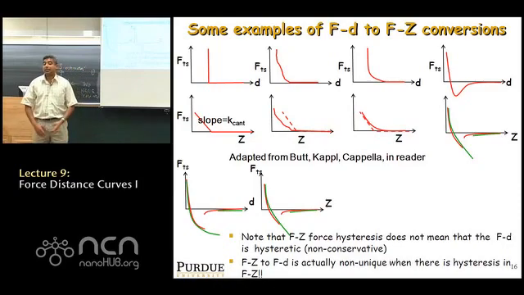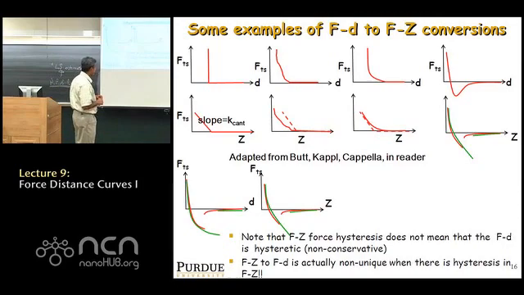And so how people decide in this case is they say, well, I don't think my sample is going to have tip sample hysteresis. It's going to be more like a smooth DMT model because I know what materials are interacting. But if you don't know what materials are interacting and you don't have that knowledge, you really can't make that out.